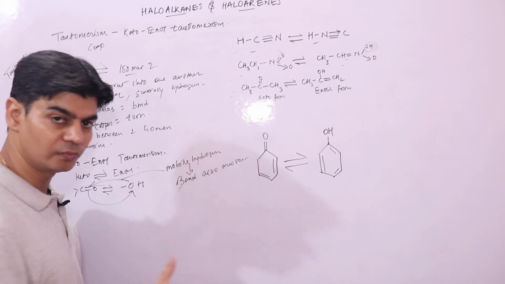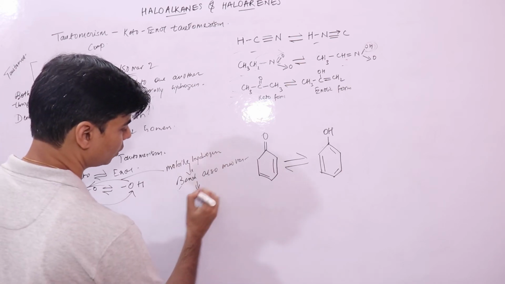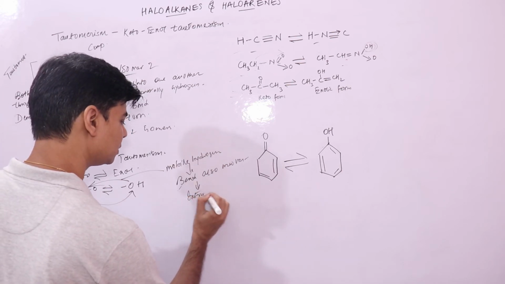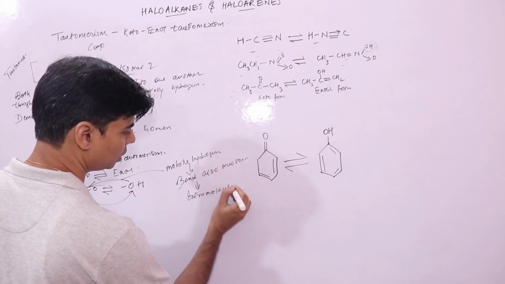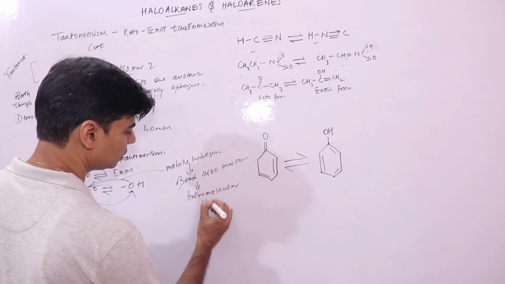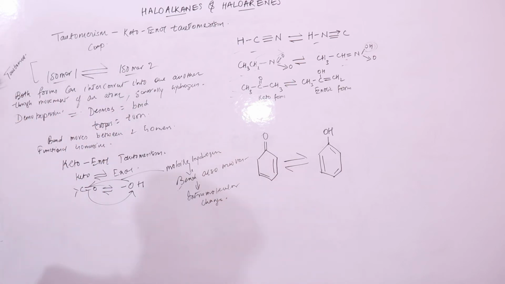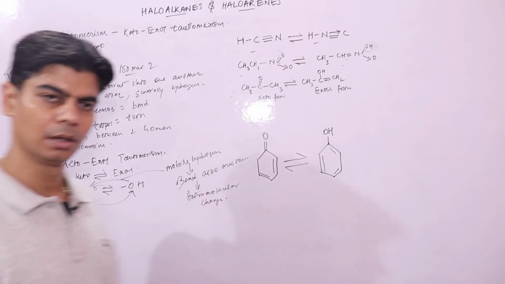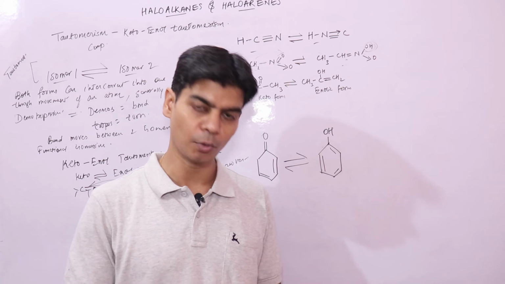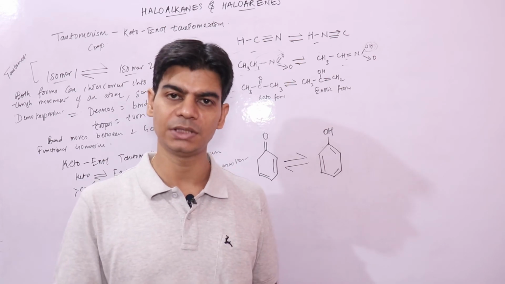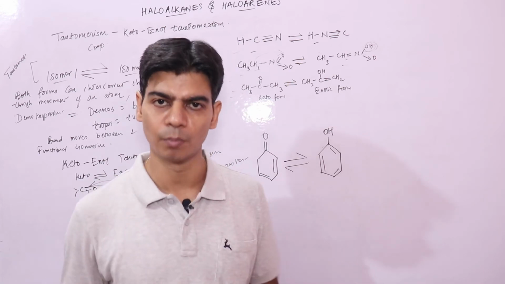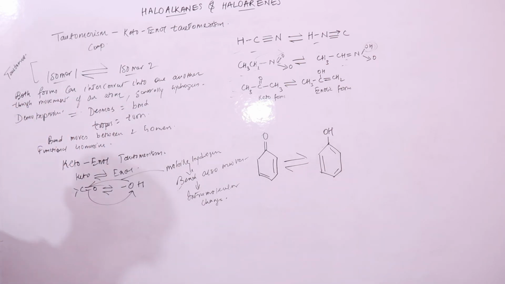Now this bond movement and hydrogen movement, we call it an intramolecular change, since it is happening within the molecule. This is an intramolecular change, right? Intra means within, molecular is molecule. So within the molecule, this change is happening. The change is movement of hydrogen and your bond, right?